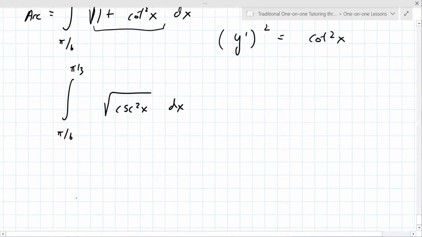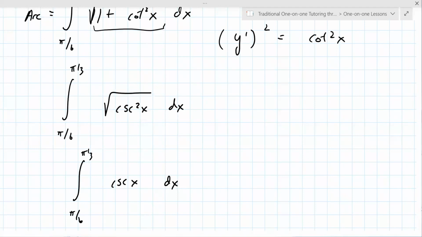And those definitely, you just get a cosecant x dx, which does have a known antiderivative, but this one says to stop there. I guess that's another point, to make sure you know all the antiderivatives and derivatives really well.